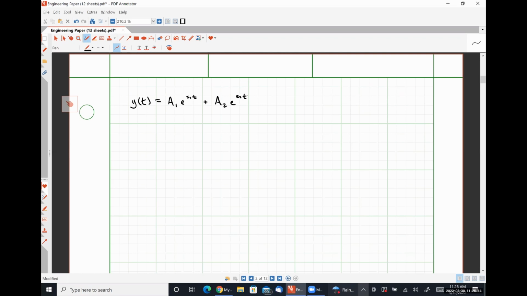This is our solution specifically when alpha is greater than omega naught. We call this type of system an overdamped system.